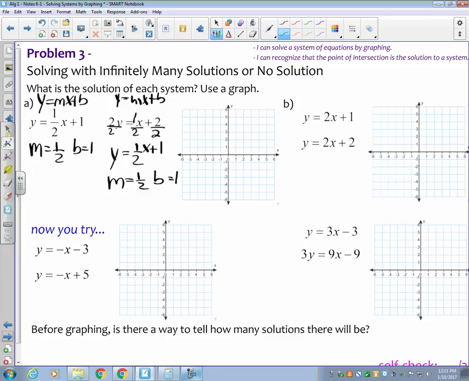So when I go to graph this, I start at the y-intercept of 1 and I go up 1 over 2. And then I follow that same pattern back until I run out of graph. Go ahead and draw that straight line. Voila, here's your straight line.